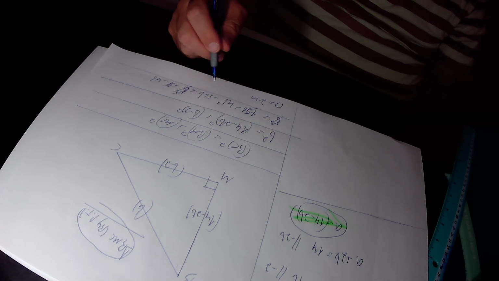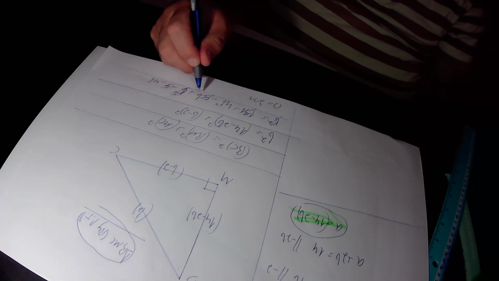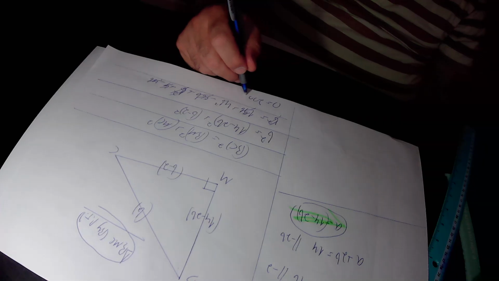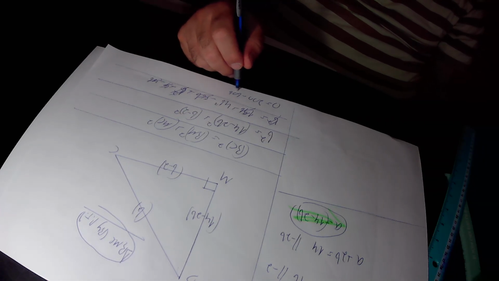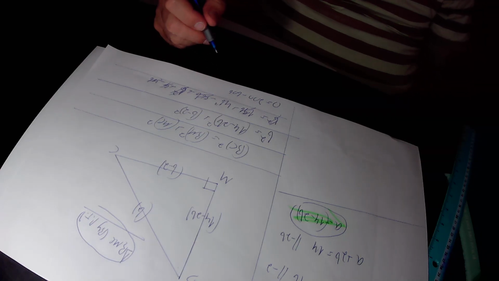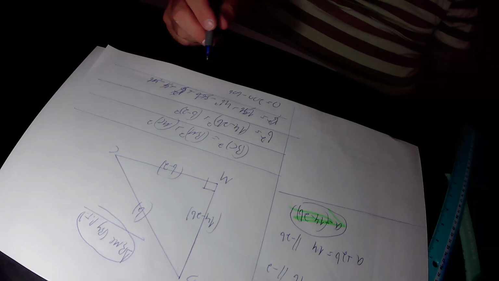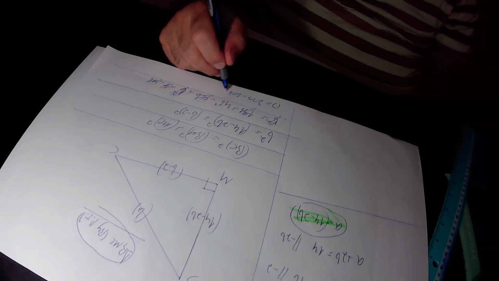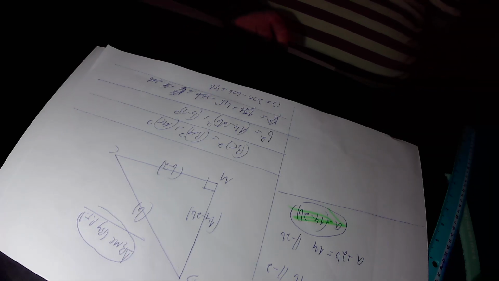And we also have minus 56B minus 4B, that is minus 160B. And we have here also 4B squared. So in total, 0 equals 200 minus 160B plus 4B squared.